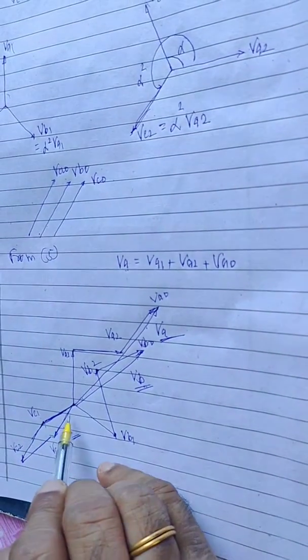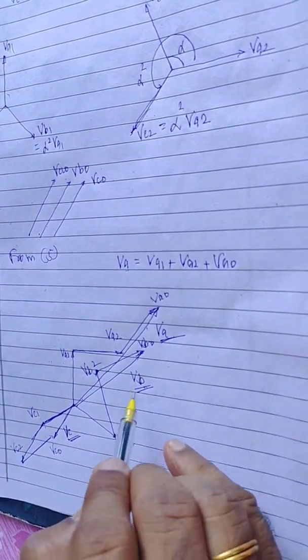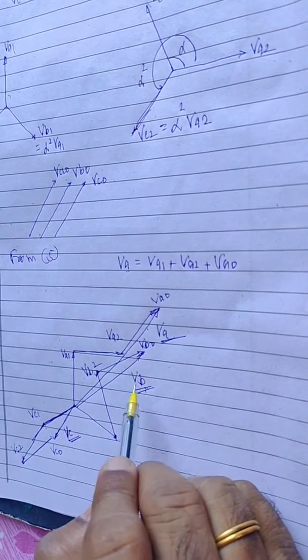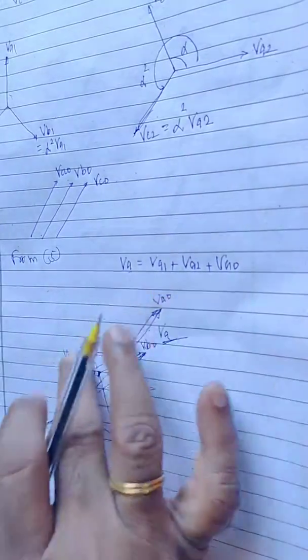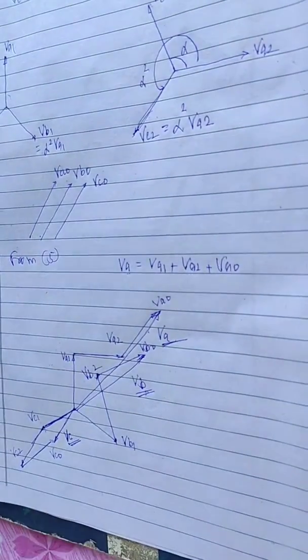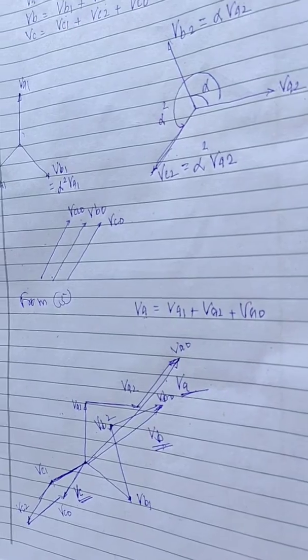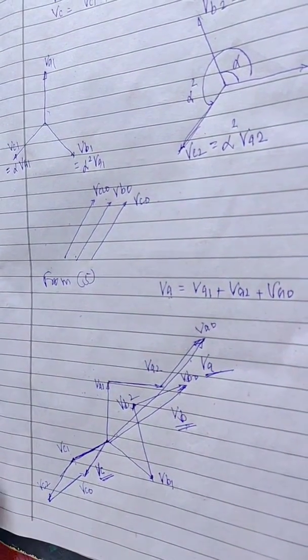At the same time, the angle between VA and VB is not 120, and between VB and VC is not 120. So you can see, these are the unbalanced voltages.